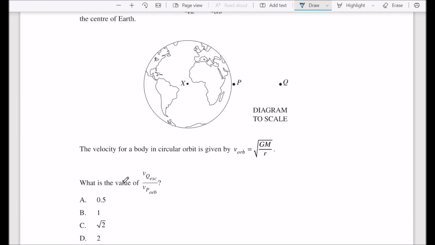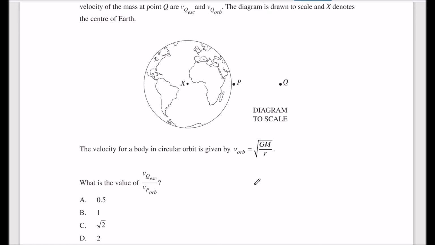Okay, the velocity for a body in circular orbit is given by the following formula. What is the value of the escape velocity of Q over the orbital velocity of P? Okay, so we need to know the relationship between escape velocity and orbital velocity.